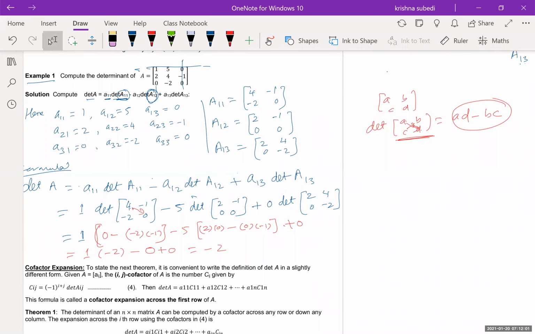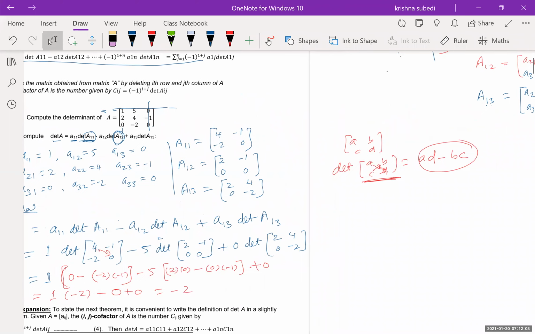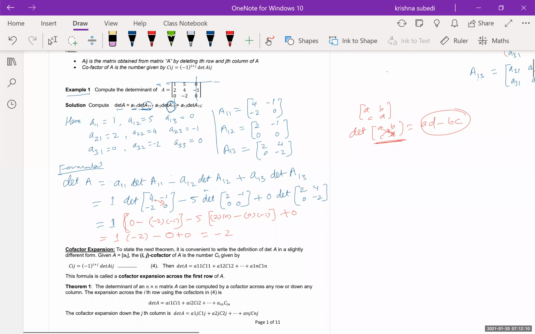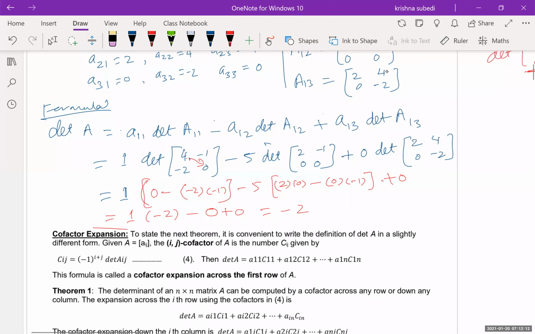Now, there is another symbol you need to know. Let us define cofactors now, because later it can be done by using the cofactor expansion. As a matter of fact, this is what we'll be doing later on. We'll be using cofactor expansion to find the determinant. Before we use the cofactor expansion, first of all, we should know what a cofactor is.